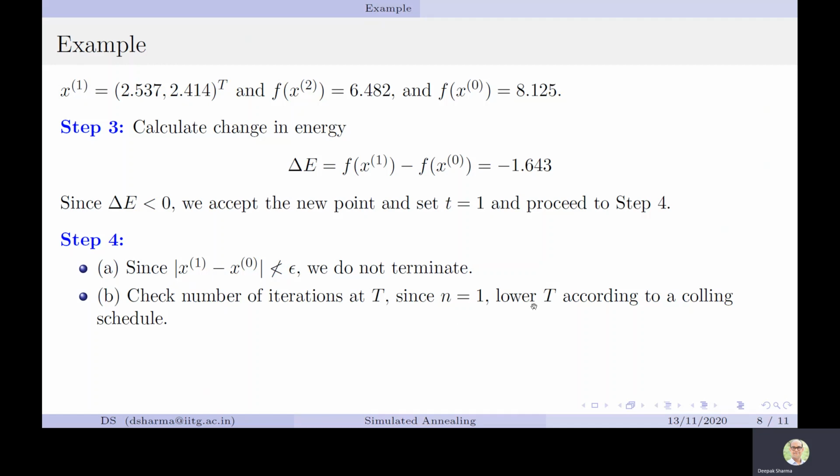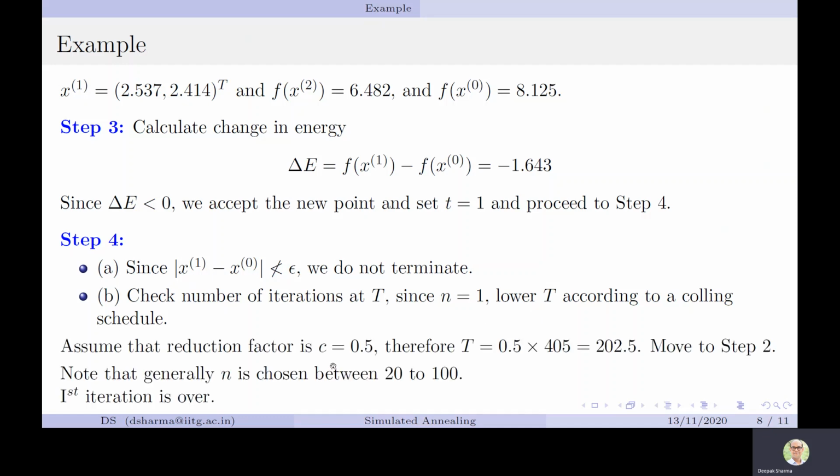So since n equals 1, we will reduce the temperature by some cooling schedule. Let us assume that we have C equals 0.5, which is a reduction factor, and the capital T will be reduced by the C value. So 0.5 into 405 gives me 202.5. This is the way we have reduced the temperature.